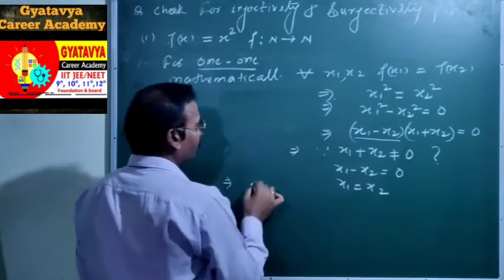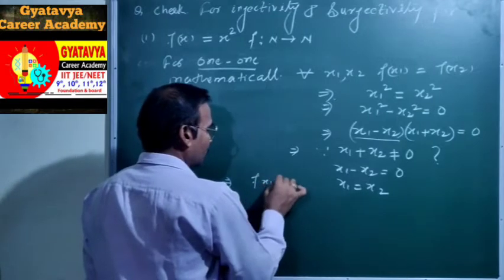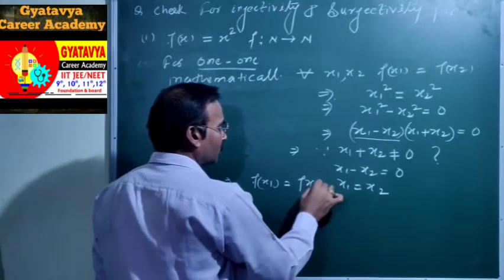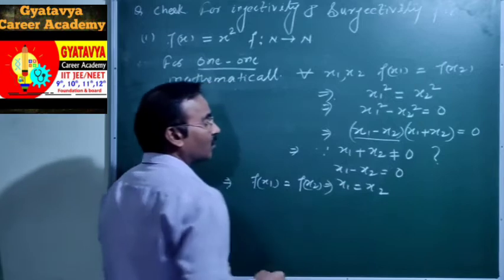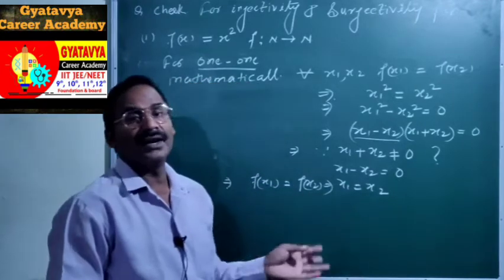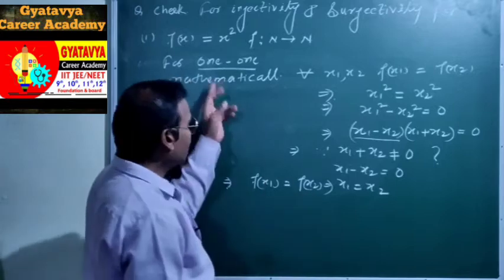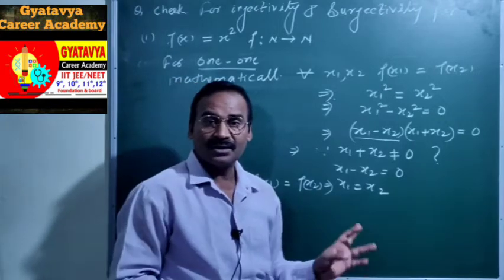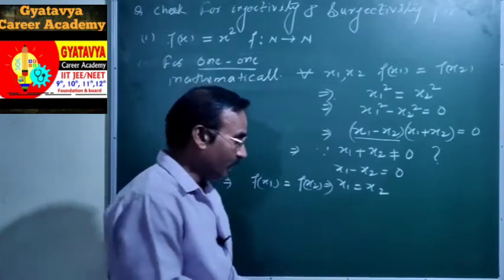We have taken f(x1) equal to f(x2), then x1 equal to x2. This is the condition to be one-one. So this function is one-one.